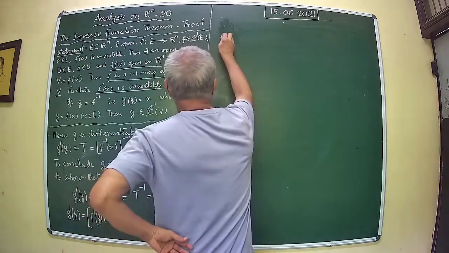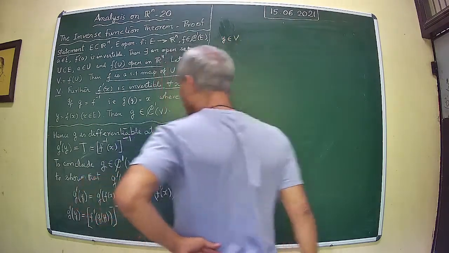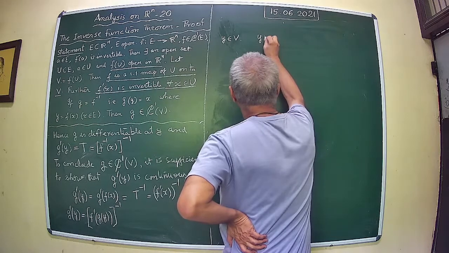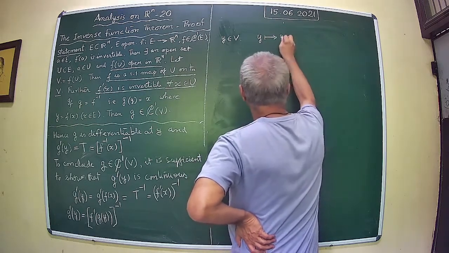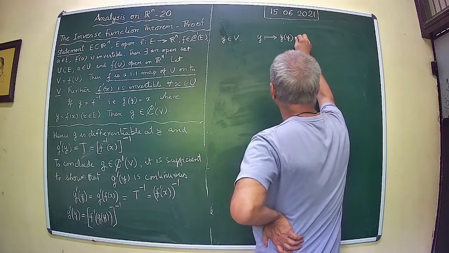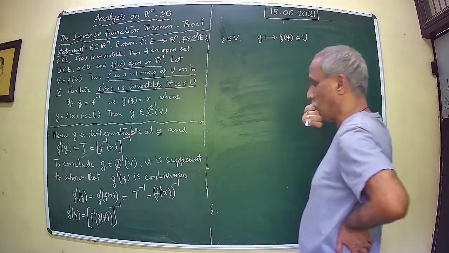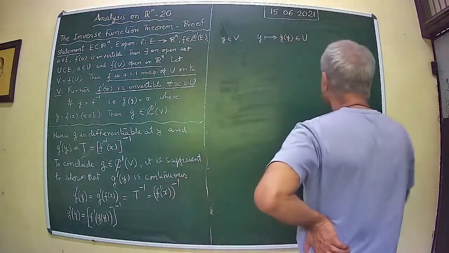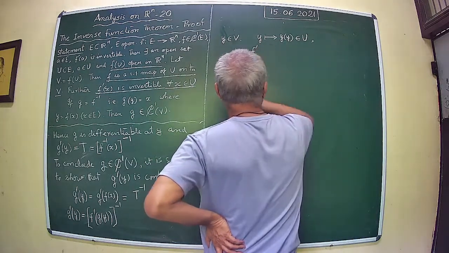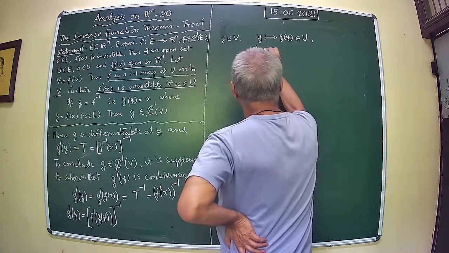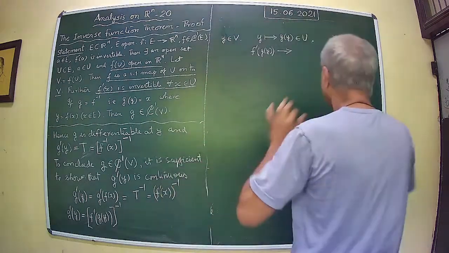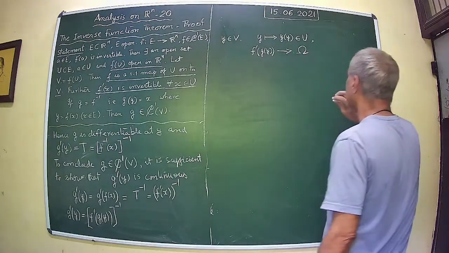See, y belongs to V. So y is mapped to gy, which belongs to U. Then what about f derivative? So f derivative maps gy to omega.